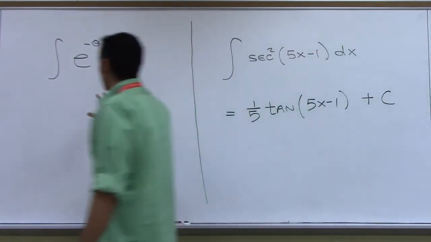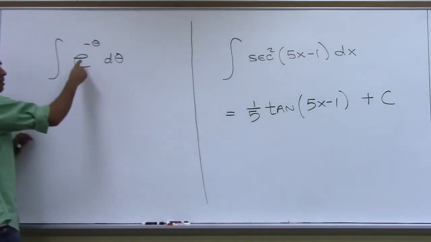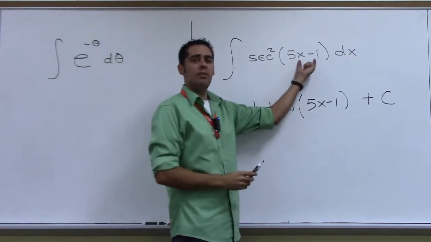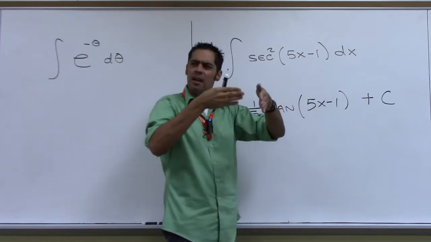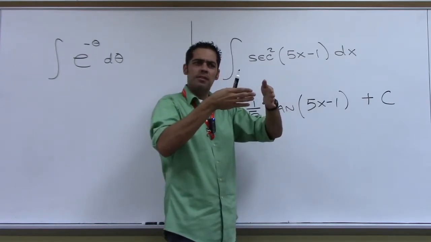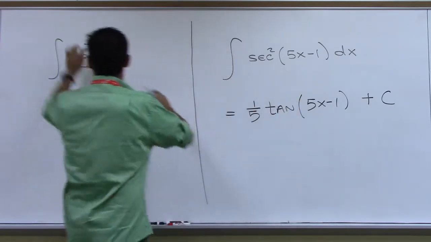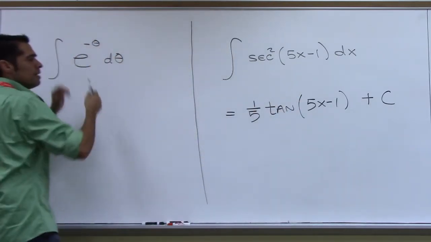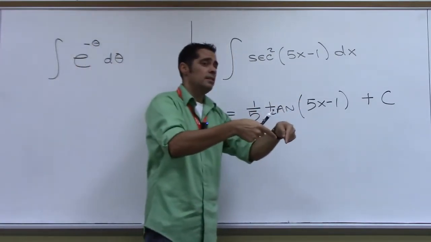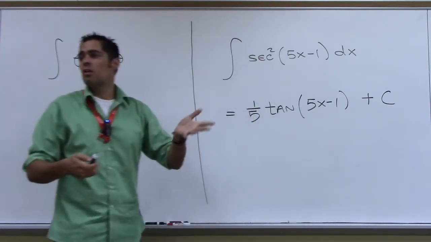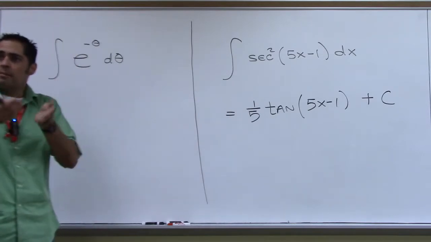So what you have to ask yourself is, is this thing in here linear? What do we call the thing inside the function? That's the whole thing inside here. If you just have a function, the thing inside of it is called the argument of the function. It's the thing that's being plugged in.